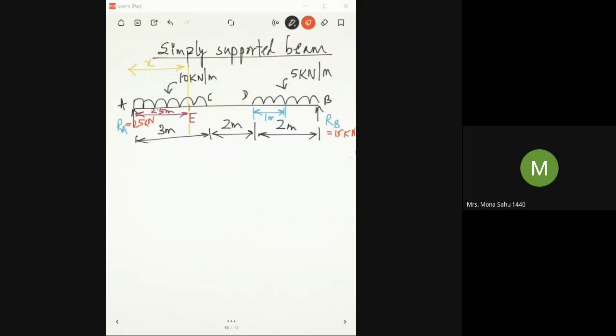Okay, so now let's go ahead with the bending moment diagram. First of all, you have to calculate the bending moment at each point: at B, at D, at C, and at A. At B it's going to be 0 kilonewton meter. At D, remember, we are always considering the right side of the diagram.